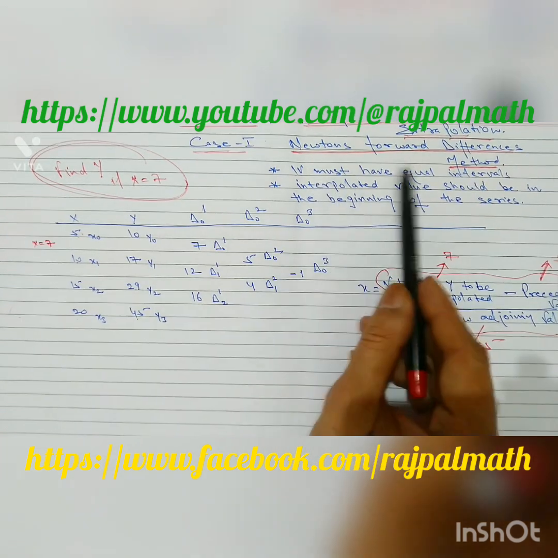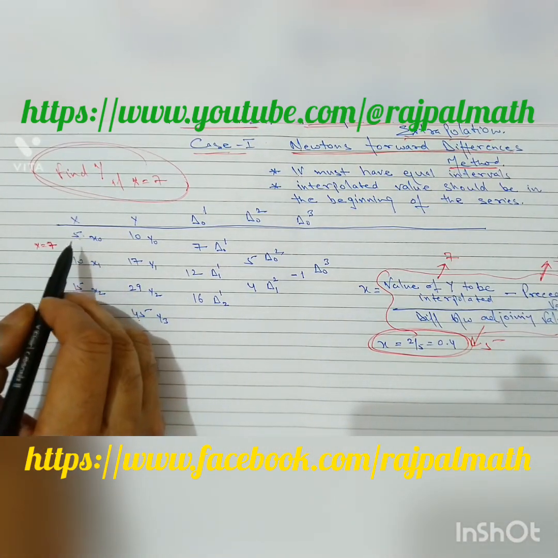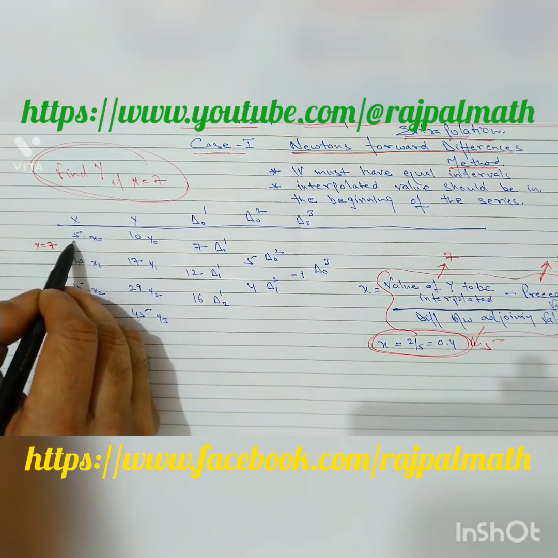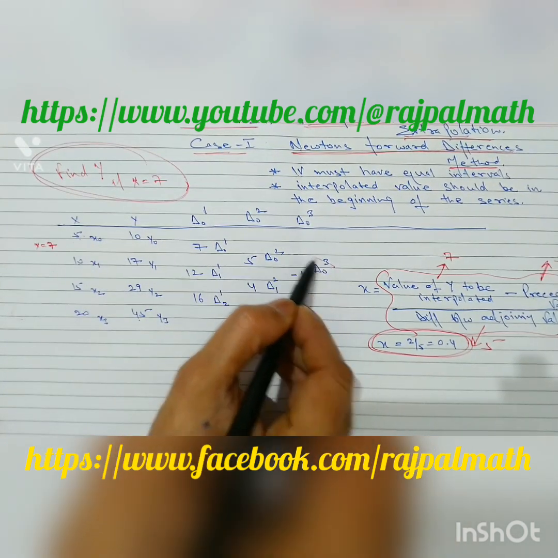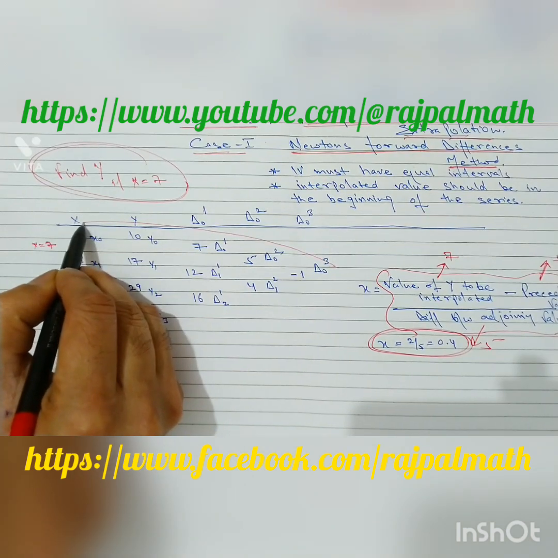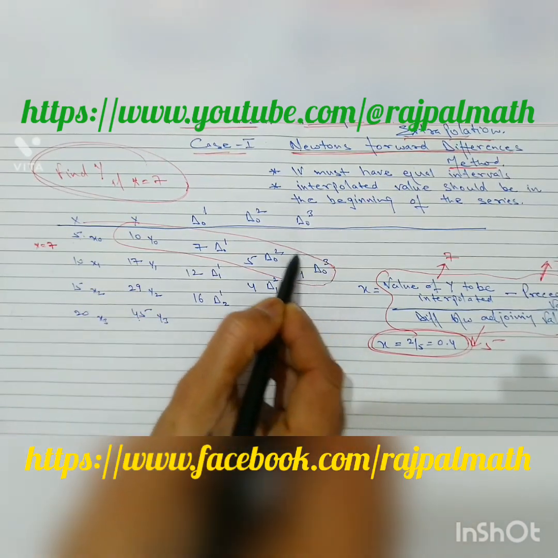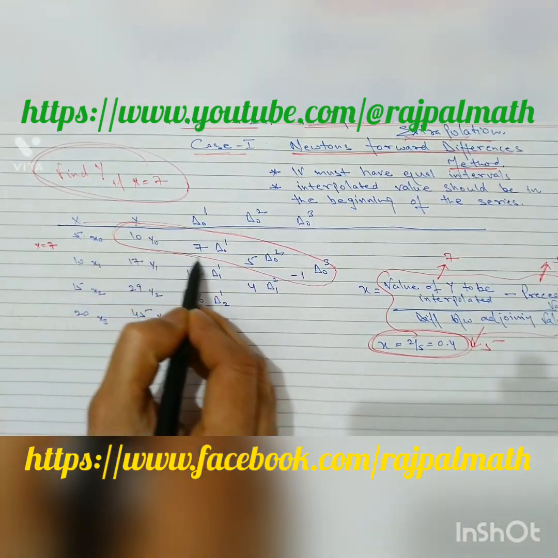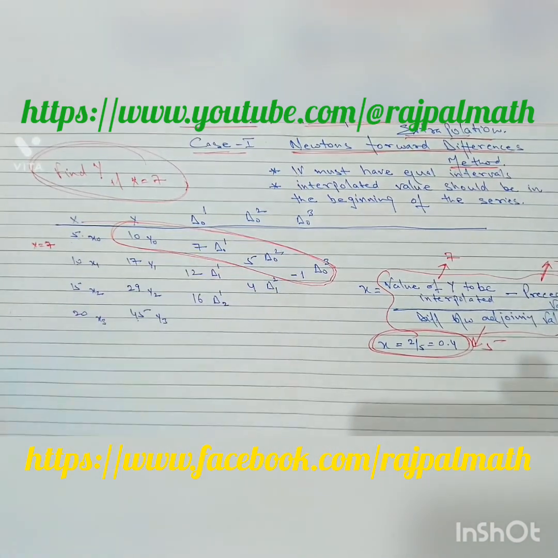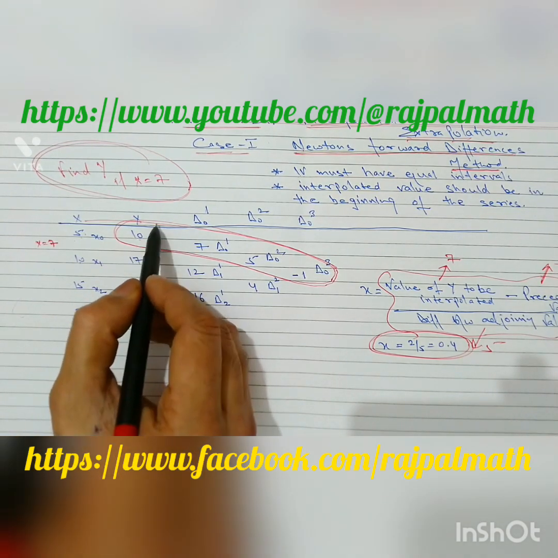Now for Newton's forward differences method, take the first value of each column. Clear?